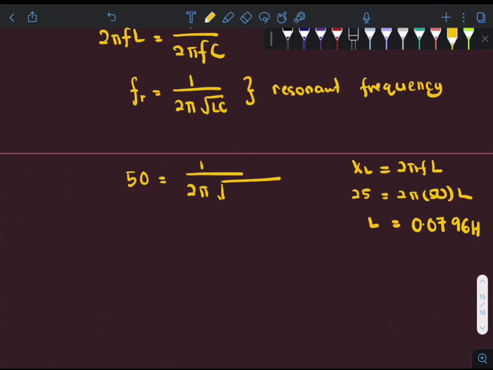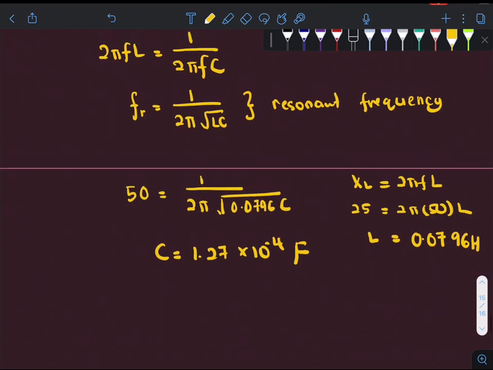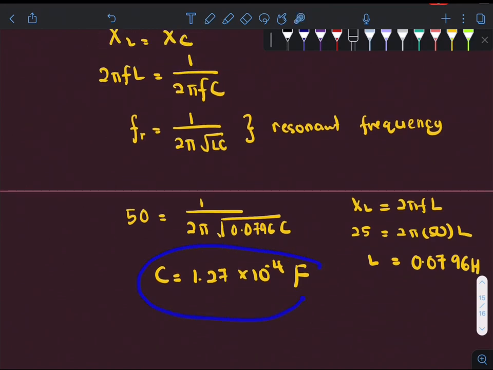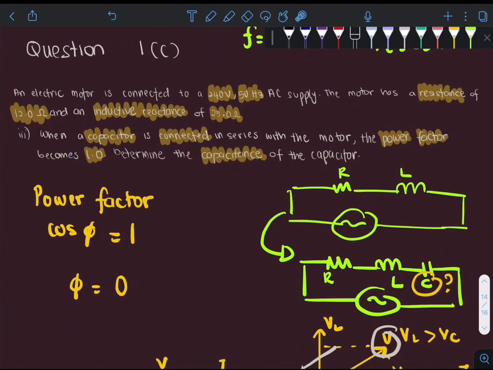So now we can substitute this value into the equation here, 0.0796, and do our maths to get the value of the capacitance. We'll get our capacitance as 1.27 times 10 to the power negative 4 farad. So this is the amount of capacitance that we have added in the circuit that will give us a power factor of 1.